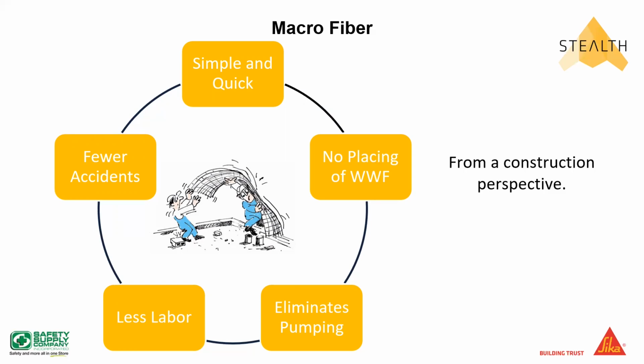Fewer accidents. I didn't realize that fewer accidents was as big a deal until I started talking to more and more contractors, and it's a really big deal as far as tripping hazards. So, much fewer accidents with fiber versus traditional welded wire fabric or rebar. It's simple, it's quick.